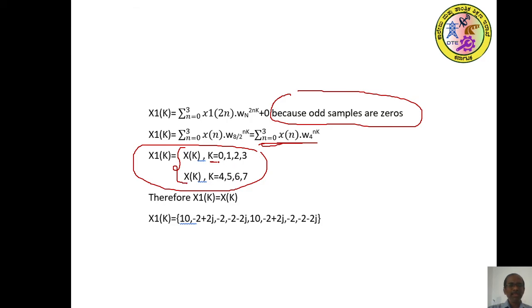So copy paste the x of k answers. What are the x of k answers? 10, minus 2 plus 2j, minus 2, minus 2 minus 2j. Afterwards again copy the same answers. Observe this logic here: your answer is repeating after every 4 samples. That's it. Hope you understood this also.